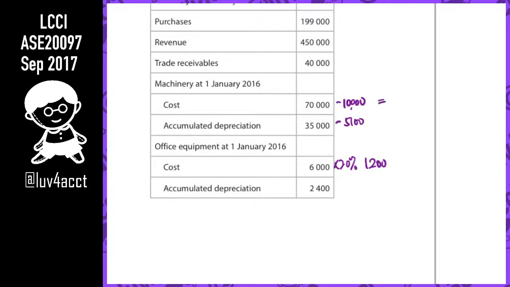So we have 60,000 and then 35,000 minus 5100, 29900. And the carrying value 30100, at 30% reducing balance method, that would be 9030.